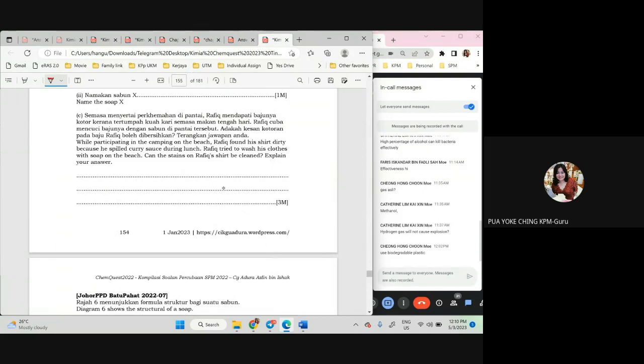Baju kotor kerana tertumpah kuah kali, dia mencuci baju dengan sabun di pantai. So this one, you must first note, sea water is hard water. Ini point 1. That has Ca2+ and Mg2+ ions.